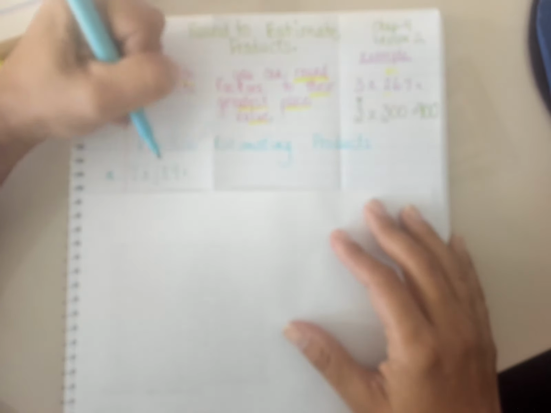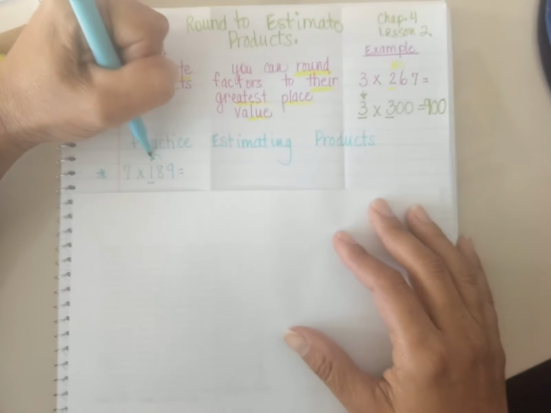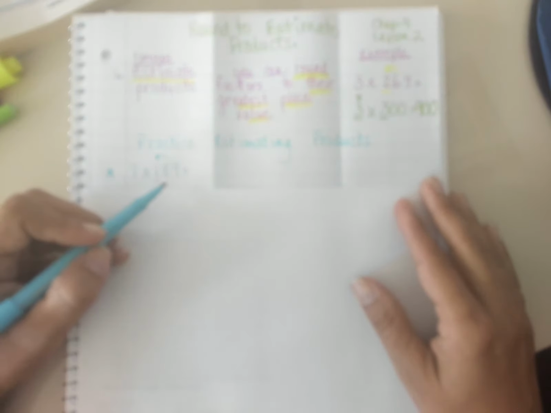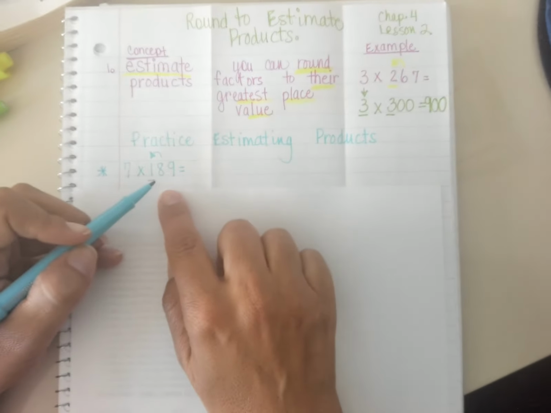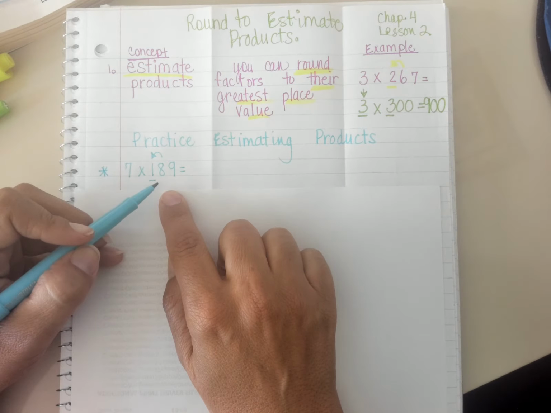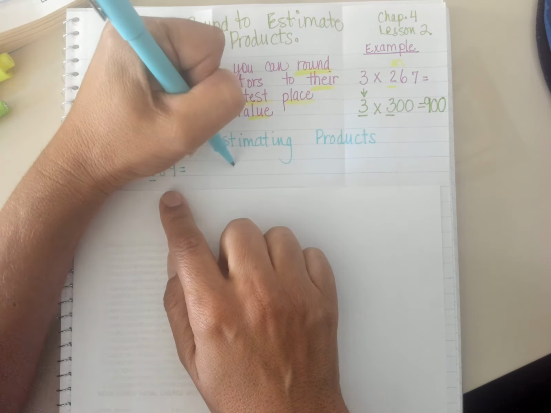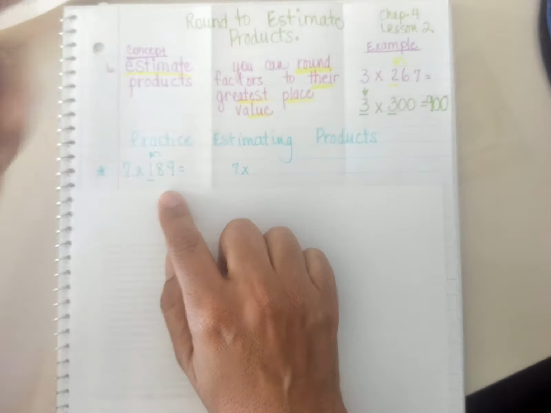Okay. The greatest place value is 100. I looked at the neighbor to the right. It's an 8. And I multiply 7 times this rounded up to 200.